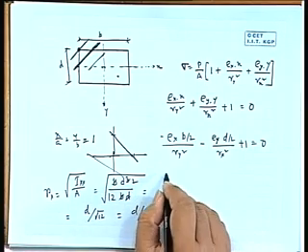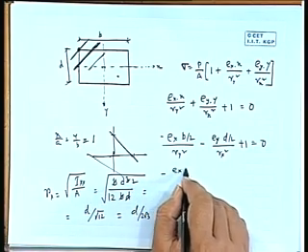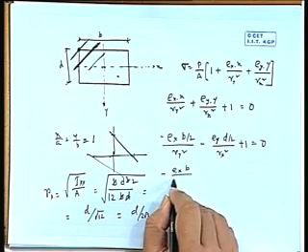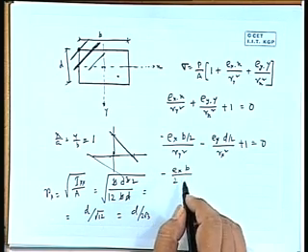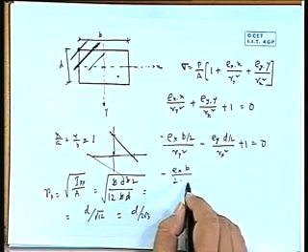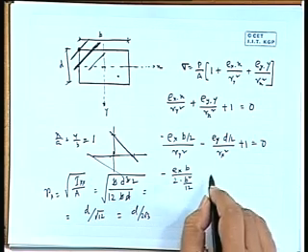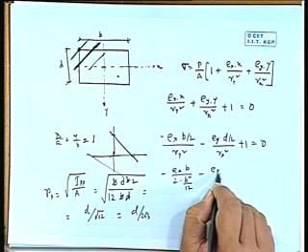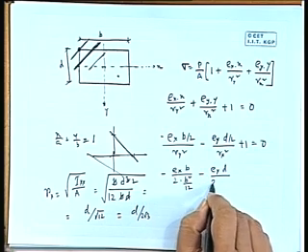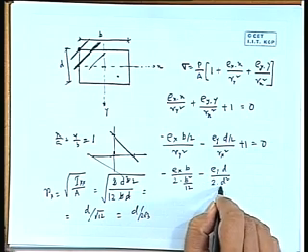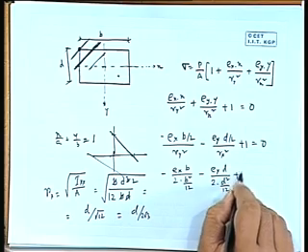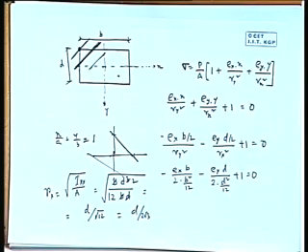So, here you can write minus Ex into b by 2 put below, and Ry square will be b square by 12, and minus Ey into d divided by 2, with Rx square being d square by 12, plus 1 is equal to 0. Now, this 2 and 12 it will be 6, one of the b you can cancel.